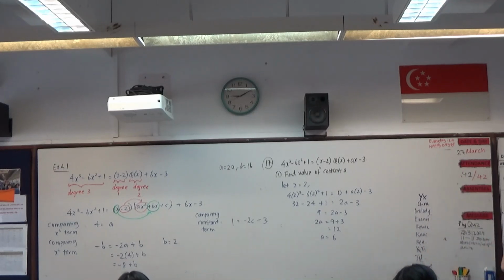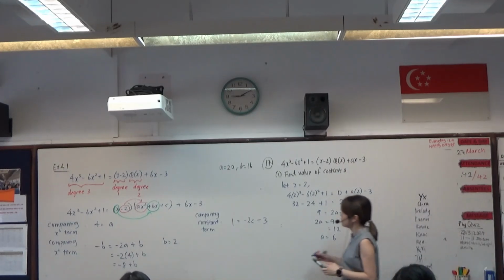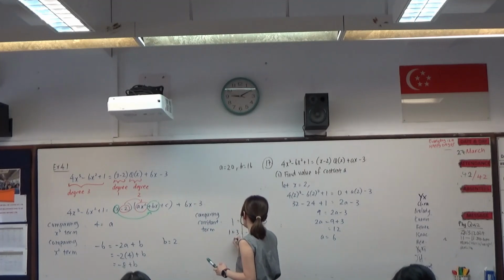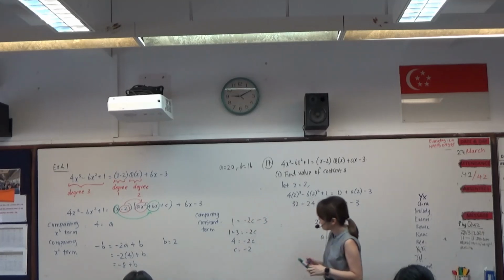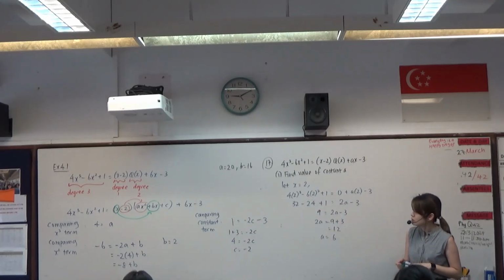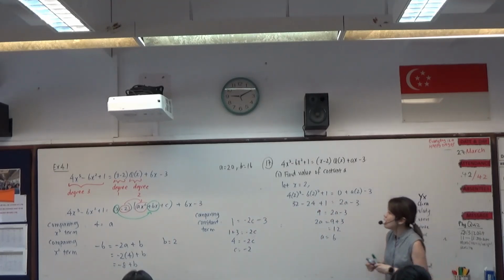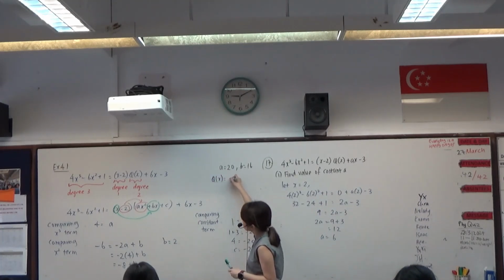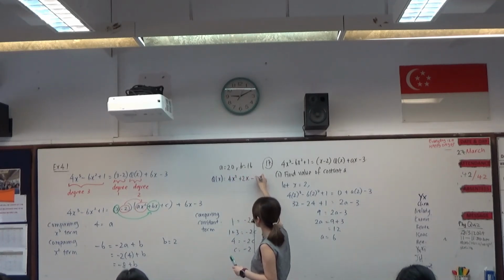So we will get 1 plus 3 equals negative 2c. 4 divided by negative 2, you will get negative 2. So our quotient would be 4x squared plus 2x minus 2.